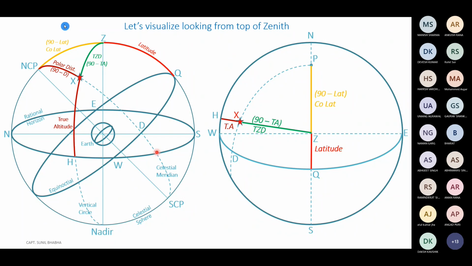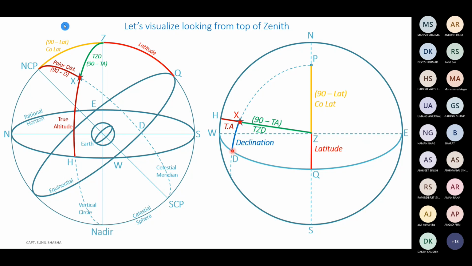Now let's mark off on the celestial meridian, from the equinoctial up to the body, D to X. This basically represents the declination of the body. How much north or how much south of the equinoctial a particular body is, is its declination.